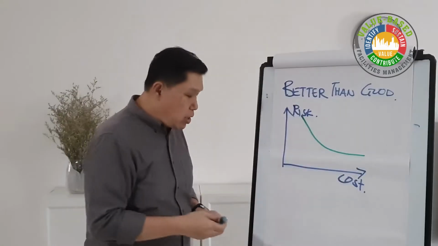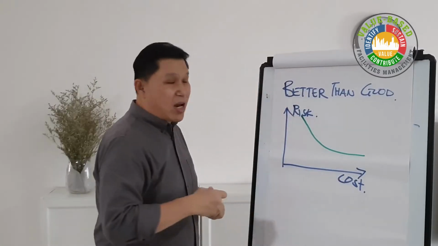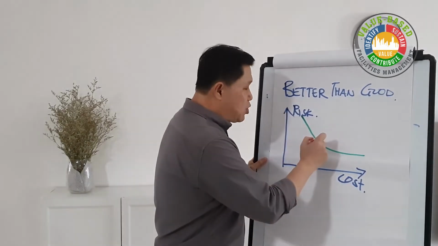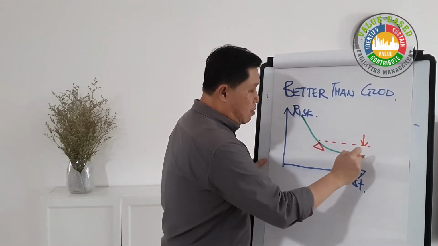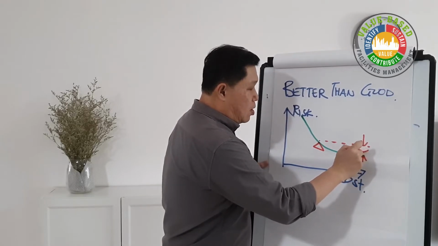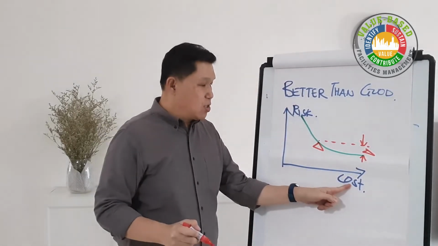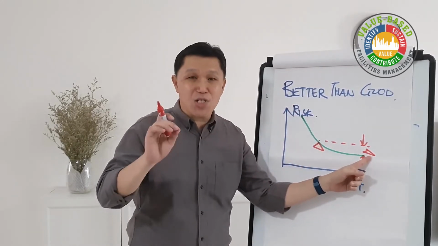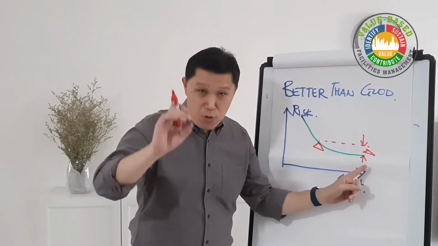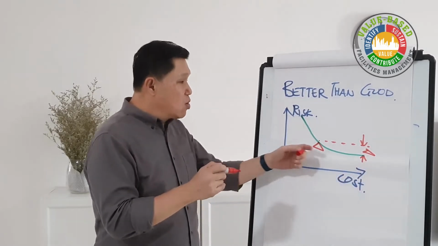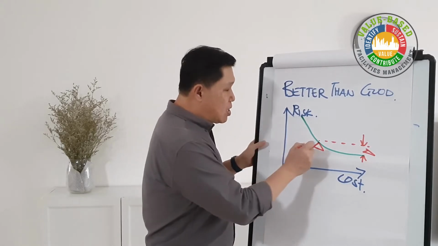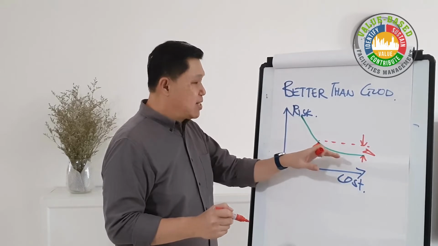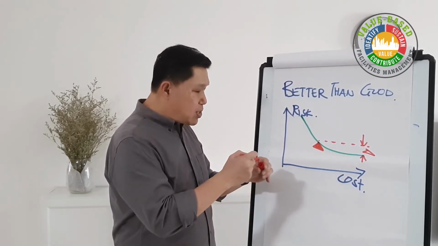But there will be a point, I like to use the word strike point, over here, whereby the more cost you spend, the risk will not be significantly reduced. So we must look for where this strike point is, so that we can go to this level, balancing the risk versus the cost.